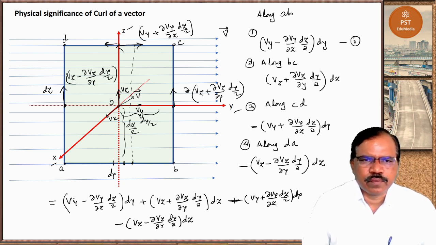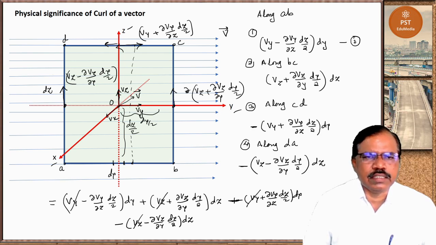Now here this Vy into dy and this minus Vy into dy will cancel, and Vz will cancel with this one.